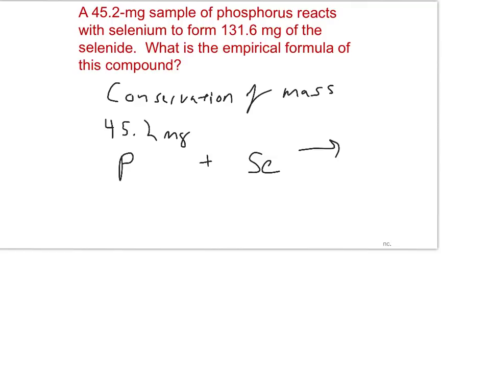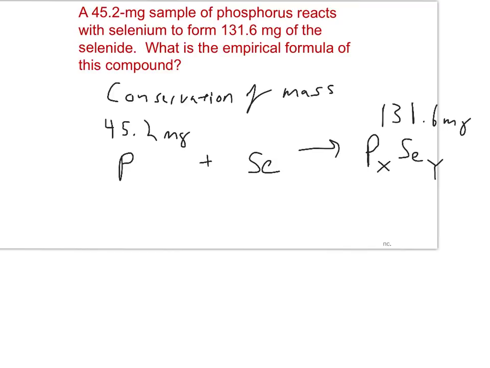So on a compound nomenclature, you've got phosphorus, selenium. I use X and Y because we don't know what those subscripts are. We just know we have some selenide, but we know it weighs 131.6 milligrams.